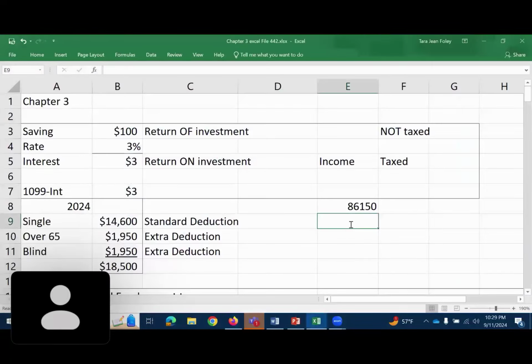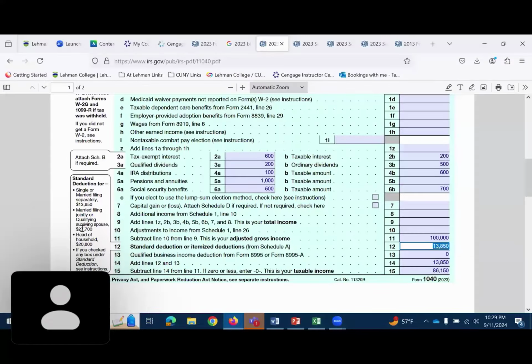It usually is. $27,700, right? Head of household is like a single person, but they qualify as they've got dependents and they're the head of household.